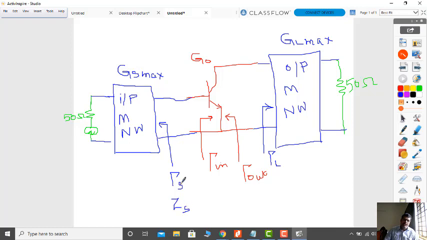ZS can be obtained from gamma S on the Smith chart simply by reading the marked point. Similarly, we transform the 50 ohm into the required ZL value by introducing the output matching network using the Smith chart. Here we use the Smith chart to compute the length of the series transmission line and the open circuited stub length.